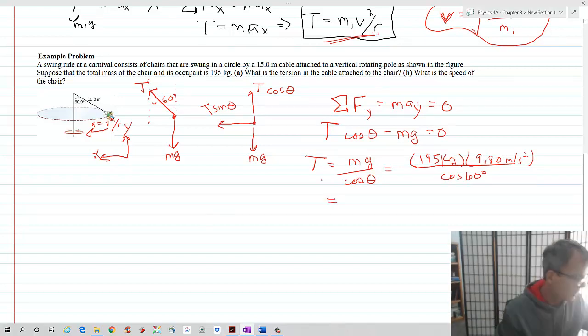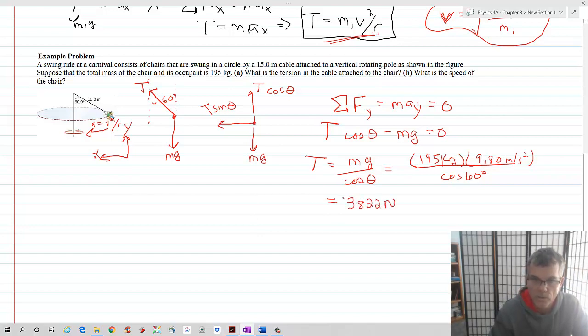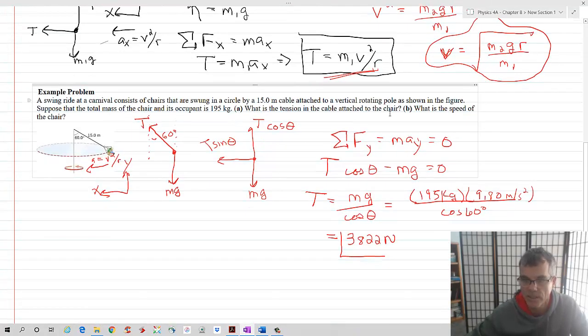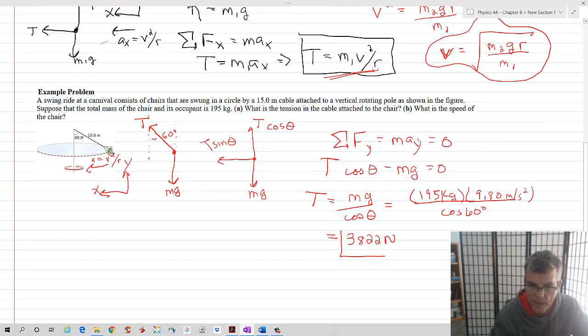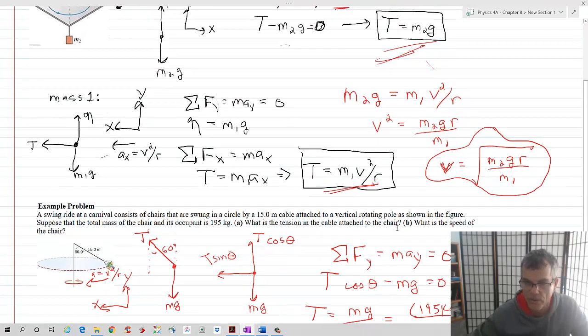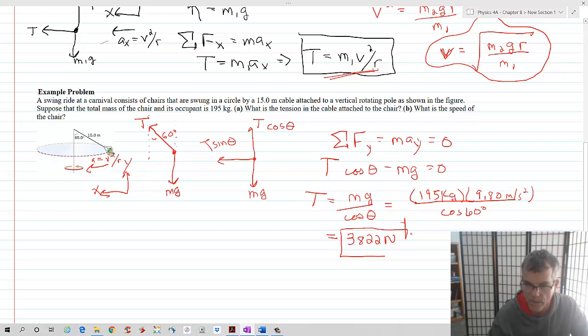And what you'll get, if my math is all right, is 3,822 newtons. This is the tension, and we got that from the fact that there is no acceleration in the y direction, so the sum of the forces in the y direction has to be 0.